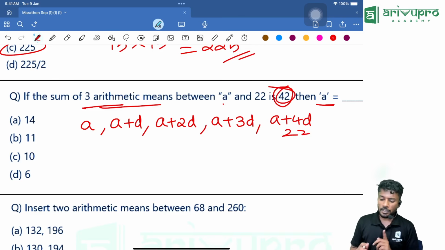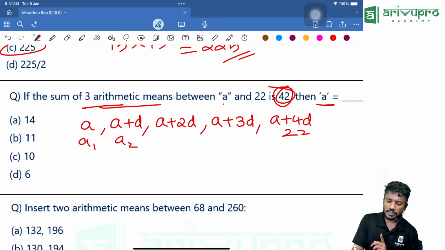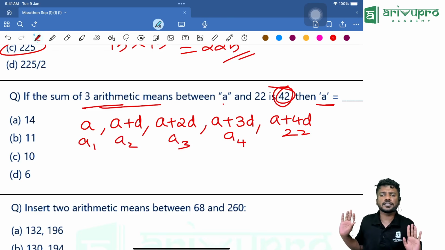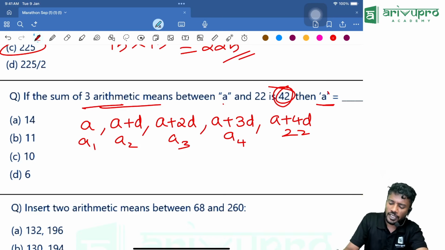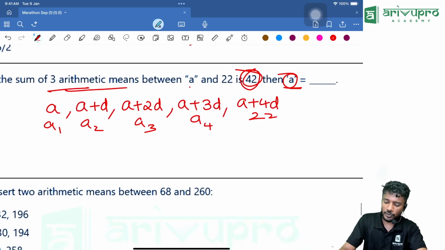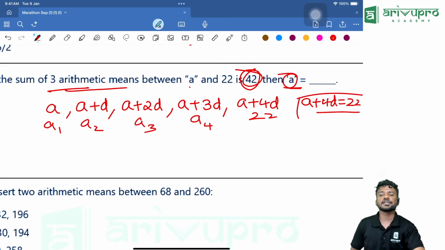Now, first term is what? A. Second term is this. Third term is this. Fourth term is this. Then 22 is what? A plus 4D. Now we need to find the A value. What all things are given? A plus 4D is equal to 22. That is one thing we know. Then what else is given?